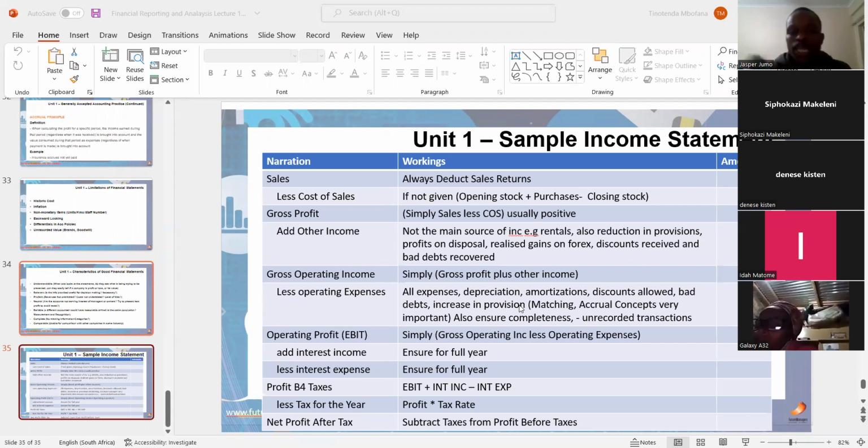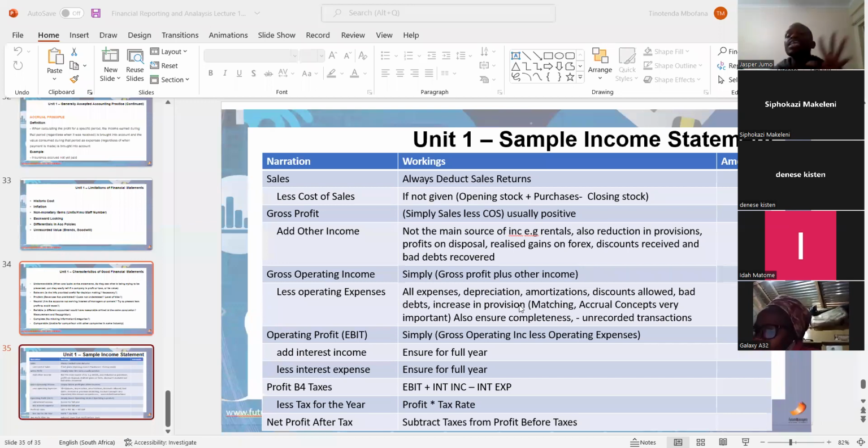You take your gross profit, you add in other income, and then you get what we call the gross operating income. Then after your gross operating income, you've got your operating expenses. Now, your operating expenses, again, example of Incredible Connection: you need to pay salaries for your employees, right? Maybe you are giving them some lunch or some tea, or also the electricity in the shop that you are selling the laptops from, the security that you hired to make sure that everything is up to code and whatnot.